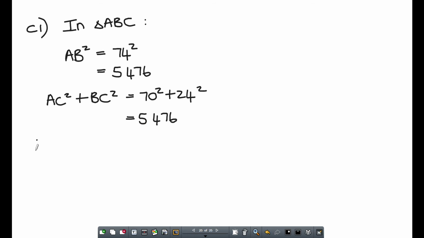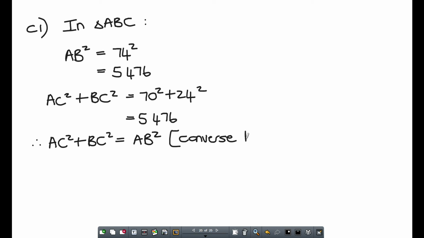So therefore, in triangle ABC, AC squared plus BC squared is equal to AB squared. That was the converse of Pythagoras. So from that, I make the assumption that triangle ABC is a right angle triangle.